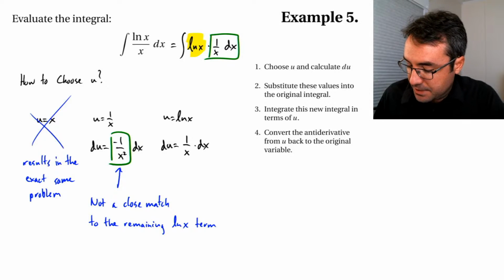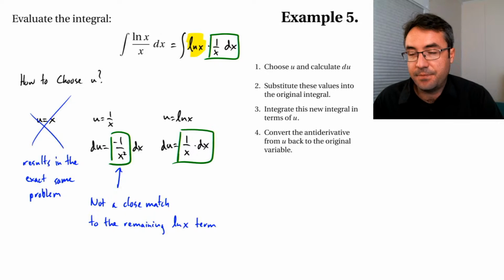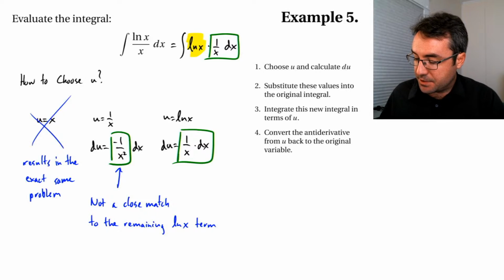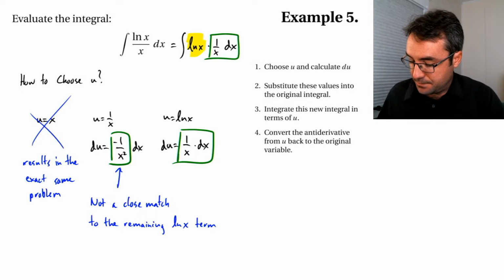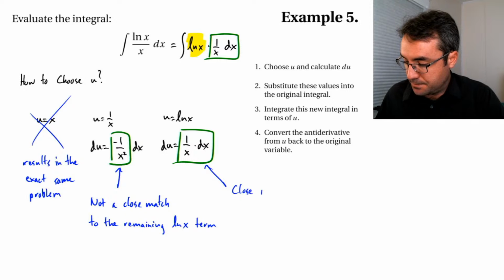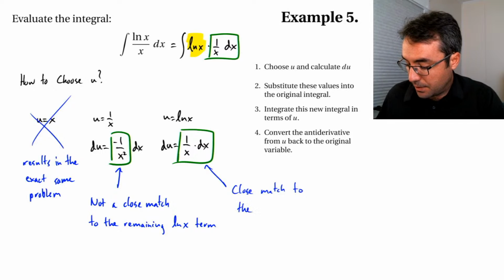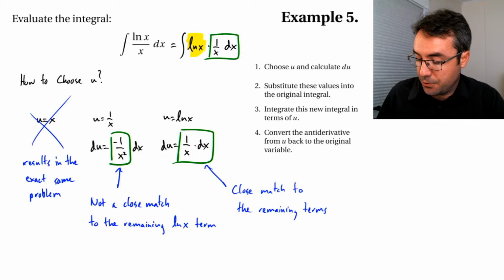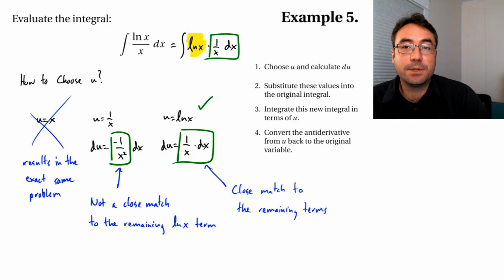Well, 1 over x dx, and that's exactly what we see. So this is a very nice, good match. It might not always be perfect, but this one actually is. So this is a close match to the remaining terms. That means we're onto something. That means this choice for u is probably what's going to get us there.